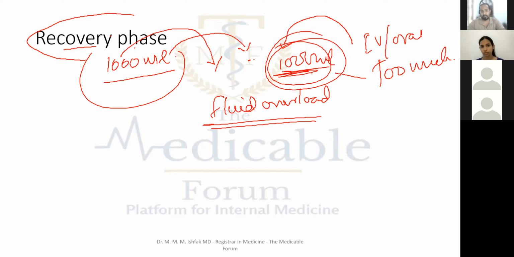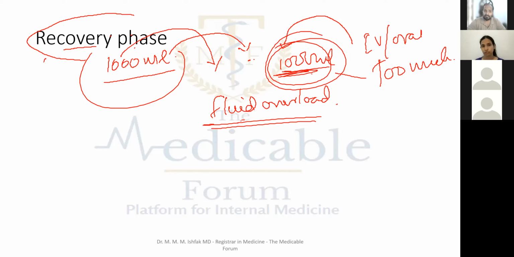That will lead to generalized edema, to pulmonary edema and heart failure, right? So that is a very unpleasant situation where you have been managing the patient very well, and finally during the recovery phase you see the patient dyspneic, all swollen, puffy. You will have to put him on a CPAP and Lasix infusion, right? All sorts of things. So fluid overload is a point which you have to consider.